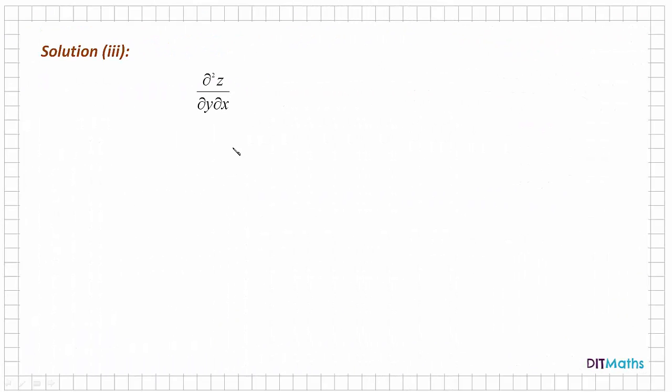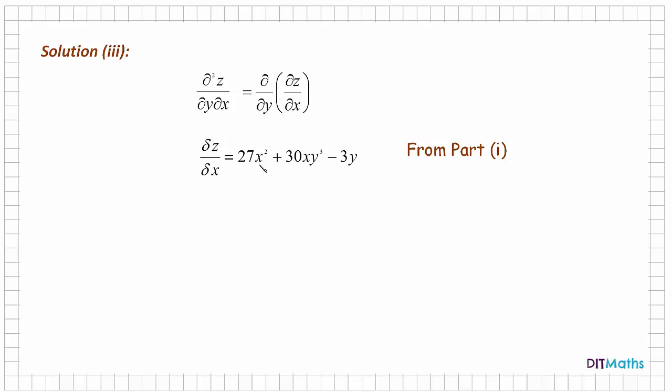Finally, in part 3, we're asked to calculate the second order partial derivative d2z dy dx. Now this is the same as writing the derivative of dz dx with respect to y. Now we already calculated the first order partial derivative dz dx in part 1, and this was given by this expression here. So we need to differentiate this expression with respect to y, keeping x constant.